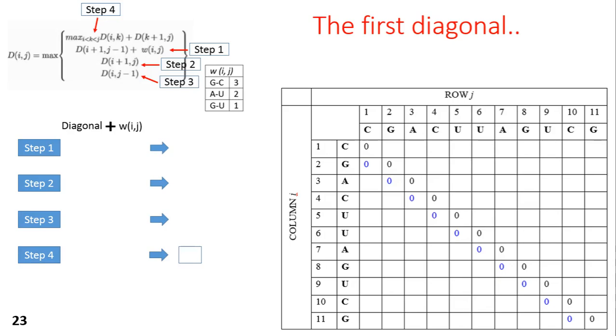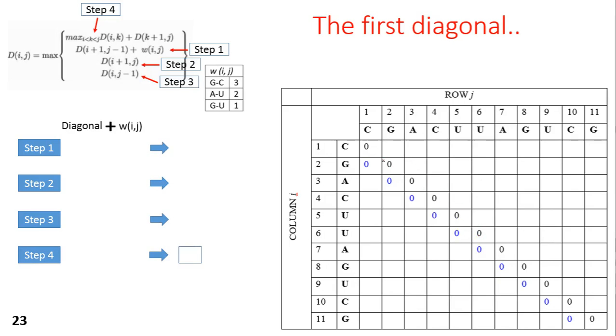Well, the first diagonal that we need to populate over here is a special case. You really don't have to perform all these calculations to decide what is going to be in your first diagonal, at least.